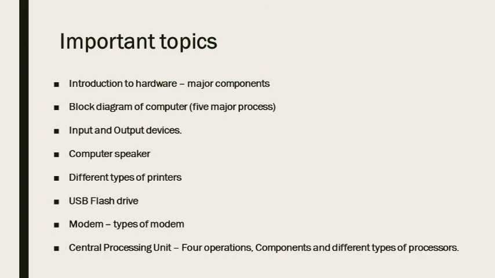From the short essay type questions we have the components of the CPU, and describing the simple model of a computer, which means the block diagram of the computer with the 5 major operations. Then we have the different types of devices, especially the input and output devices, specifically the CRT and LCD monitors, the printers, the flash drive and its uses, and the different types of modems. So these are some important short essay questions.